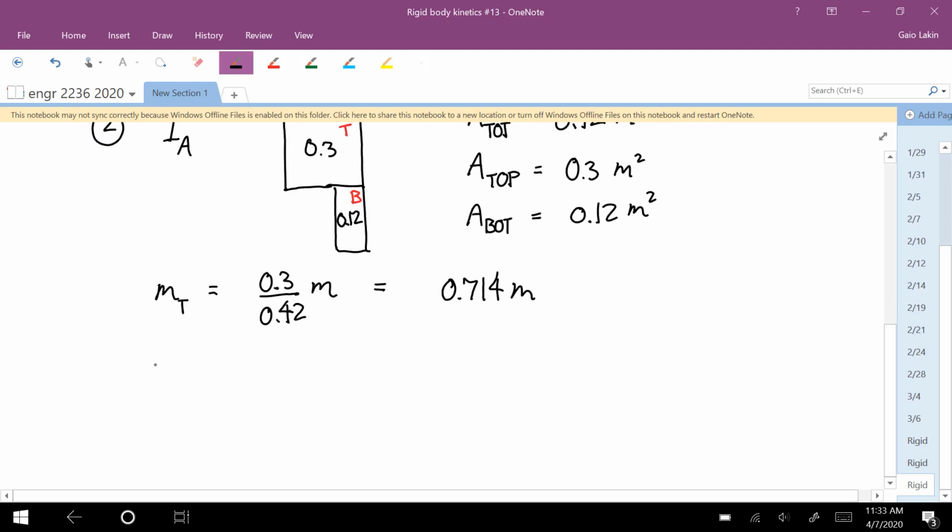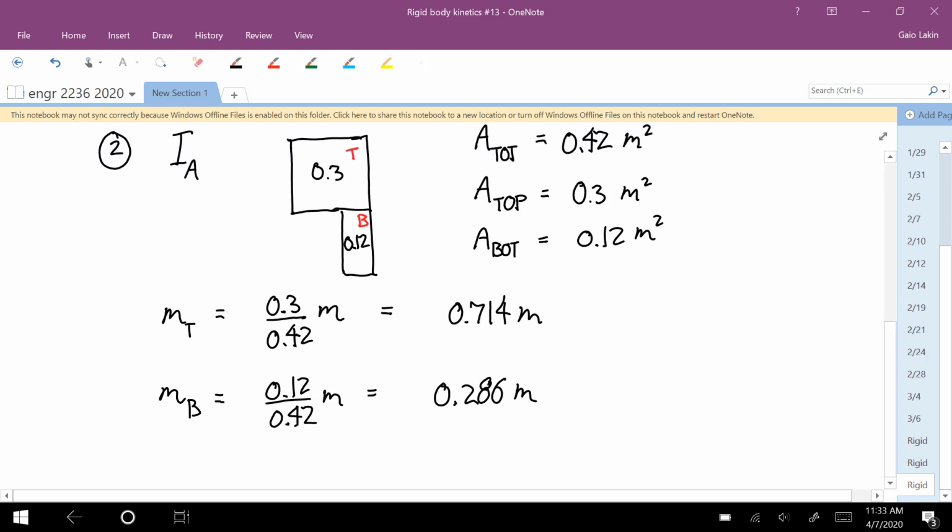And the mass of the bottom is 0.12 over 0.42 m. So that's 0.286 m. I guess I could have just subtracted because they have to add up to m.